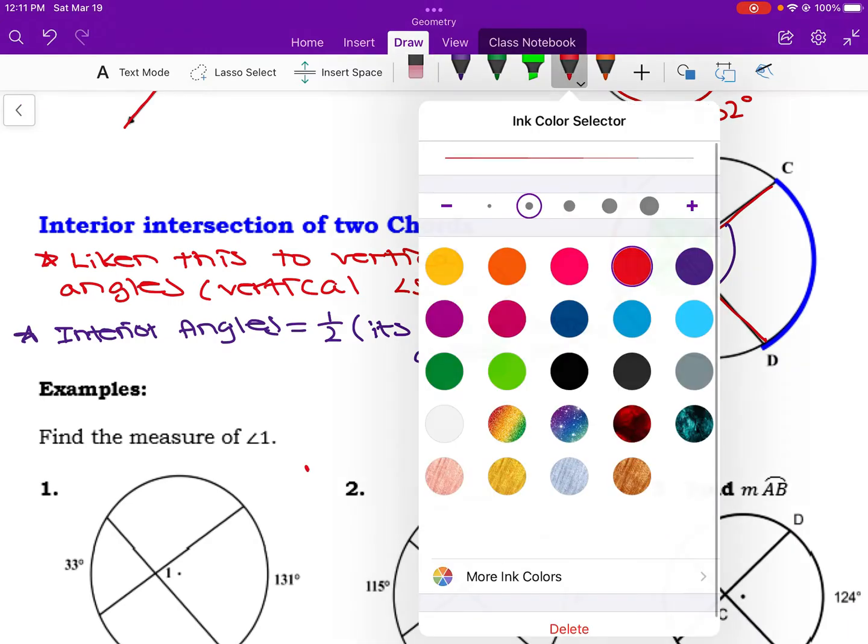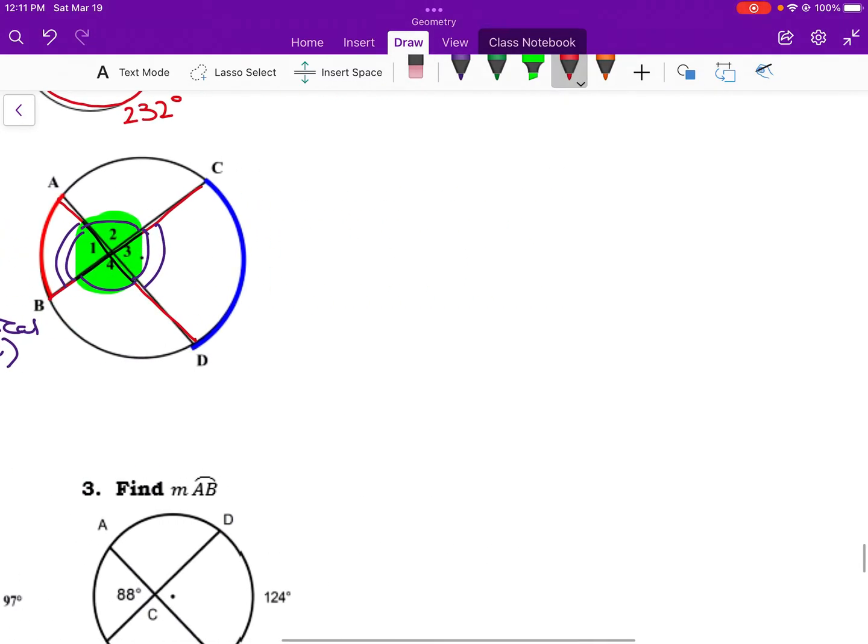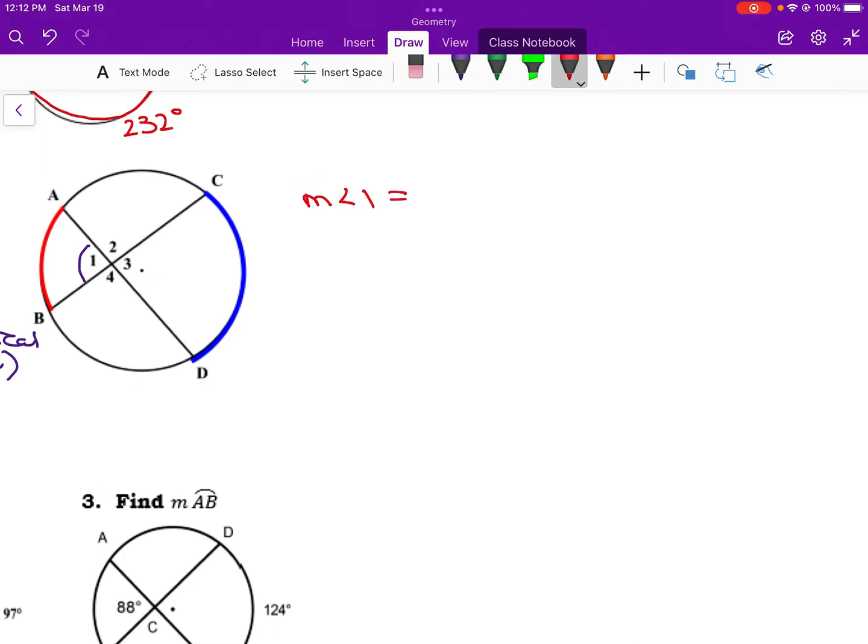So if I were to look at this diagram specifically and give you a takeaway formula, the measure of angle 1, which would be right here, is going to be equal to 1/2 of its arc, which is, remember, the one across from it, so 1/2 of the measure of arc AB, plus its vertical angle, which would be 3, the arc that pertains to that guy, which is CD.